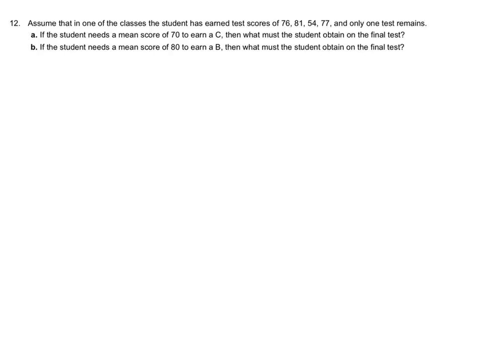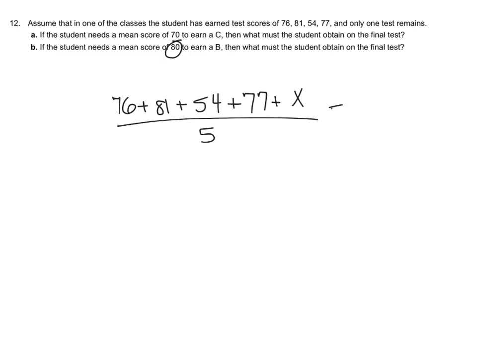Part B says if the student needs a mean score of 80, then what must the student obtain on the final test? So we'll set this equation up the same way. I have 76 plus 81 plus 54 plus 77 plus my missing test score, which we'll call X, divided by 5 equals 80, because now I want the mean to be 80.